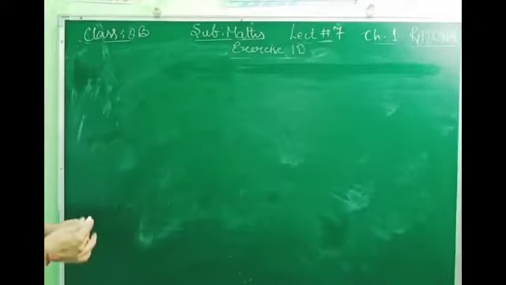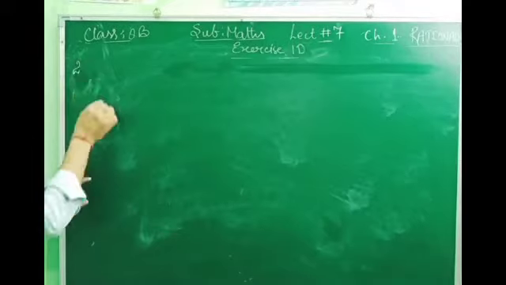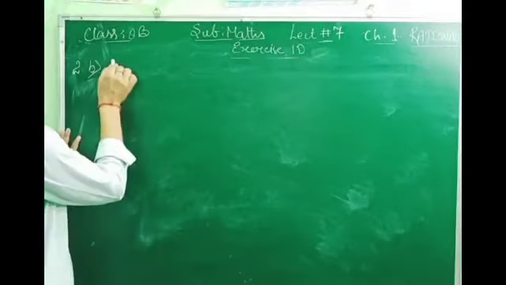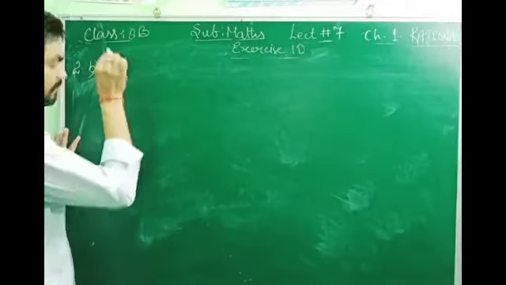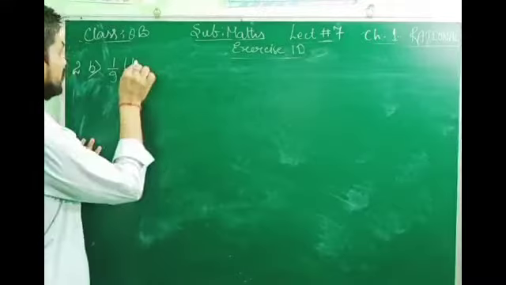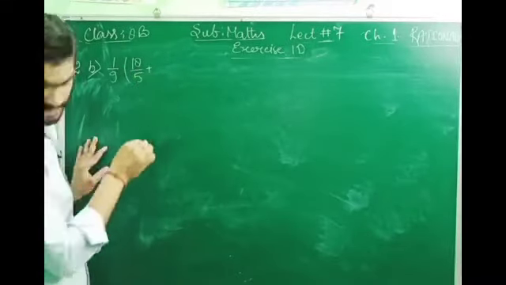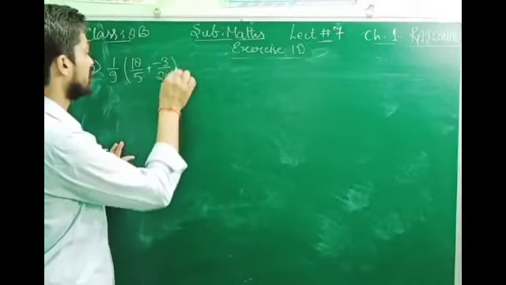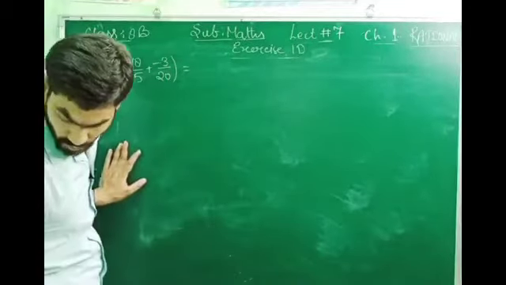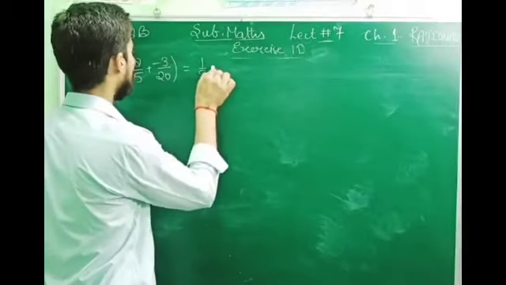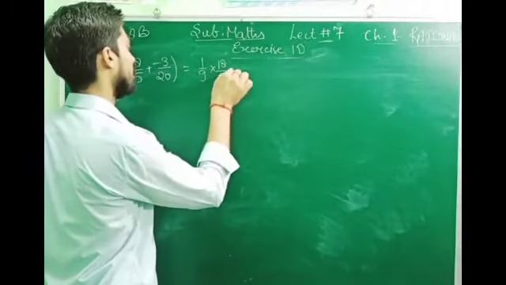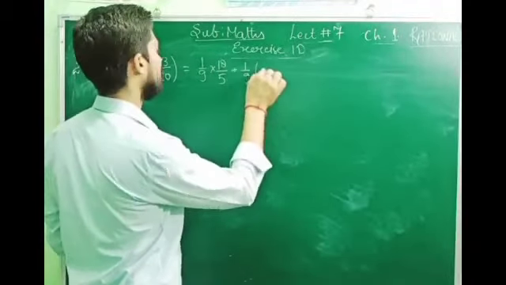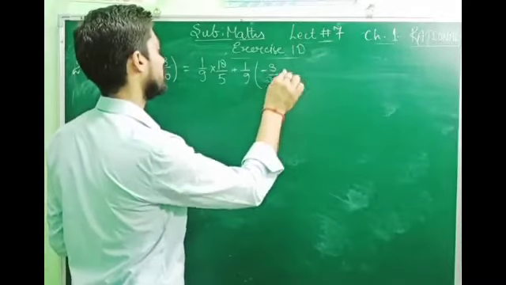And see. Question number 2B is 1 by 9 multiplied by 18 by 5 plus minus 3 by 20, that is equal to 1 by 9 multiplied by 18 by 5 plus 1 by 9 multiplied by minus 3 by 20.